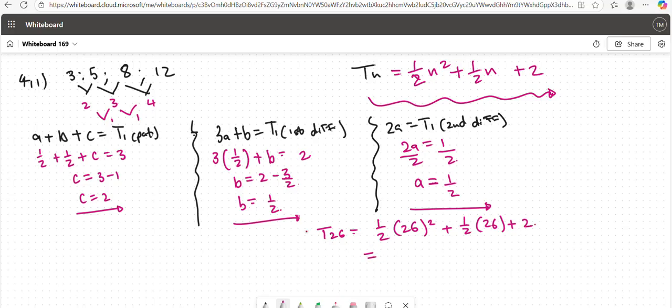And that does need a calculator. You get 353.